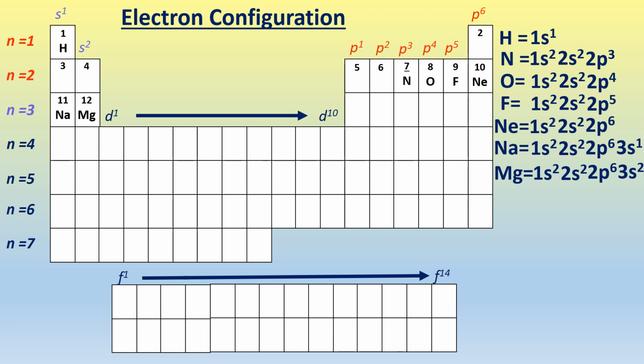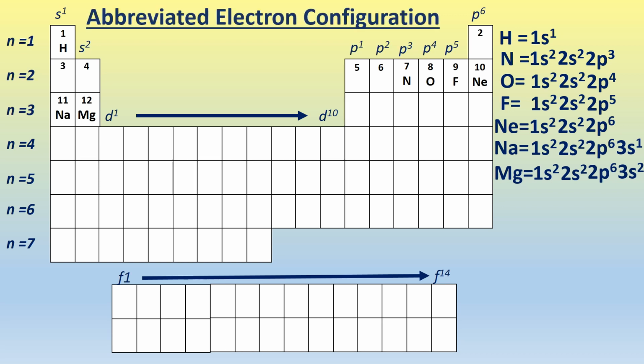You can continue on this way through the entire periodic table, which will admittedly get rather long and rather tedious. However, you can have an abbreviated electron configuration.